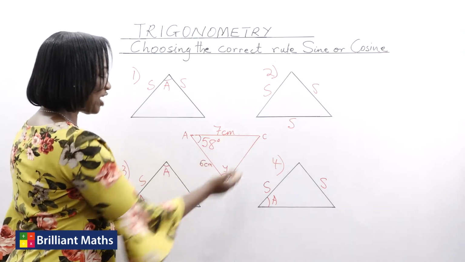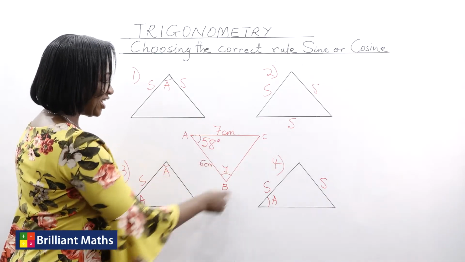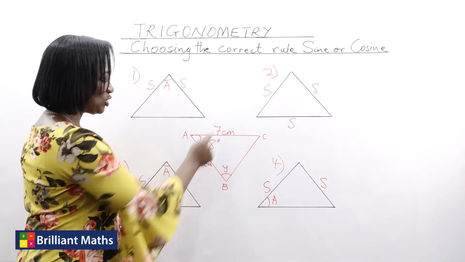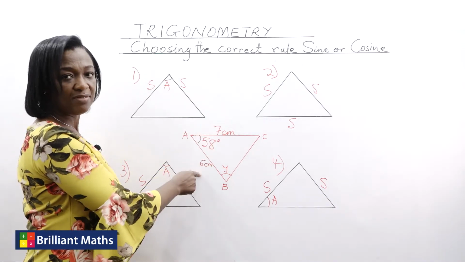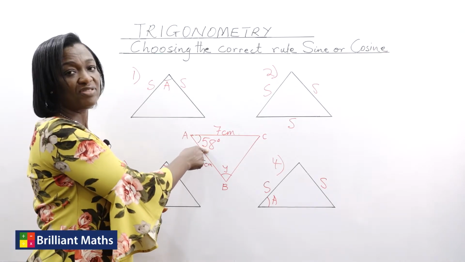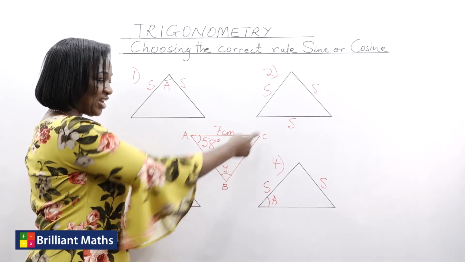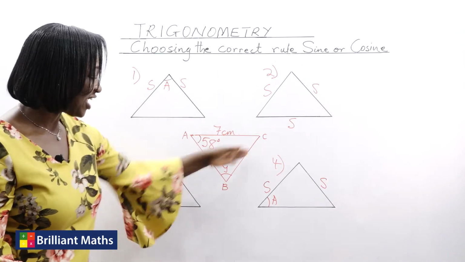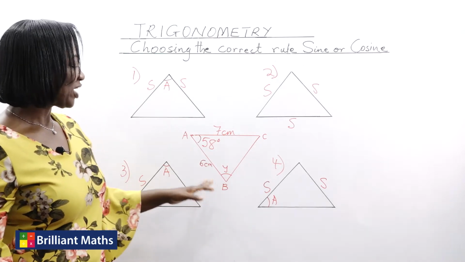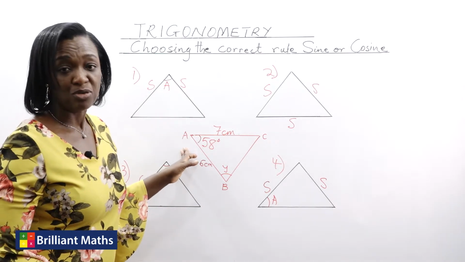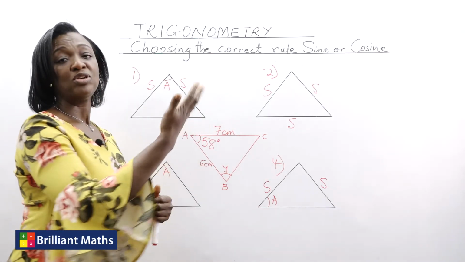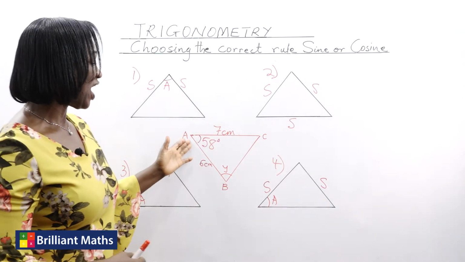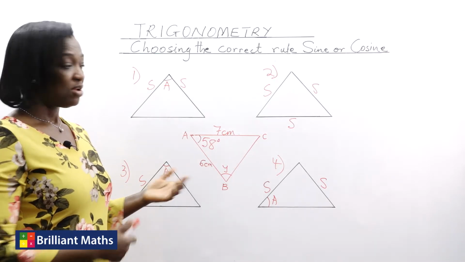So we use the cosine rule to find that length: 7 squared plus 6 squared minus 2 times 6 times 7 cos 58 degrees. And once we have found that length, then we can use the sine rule: a over sine A is equal to b over sine B, because at that point we have a complete ratio.